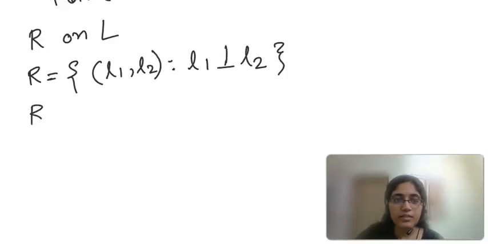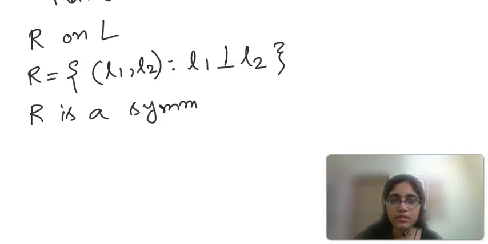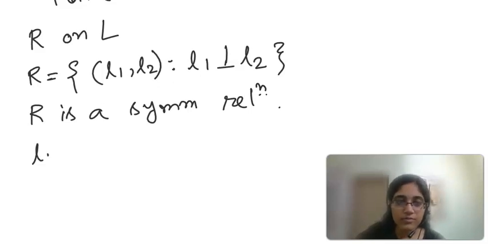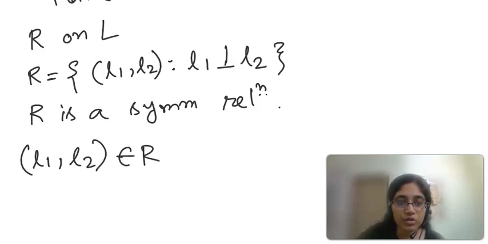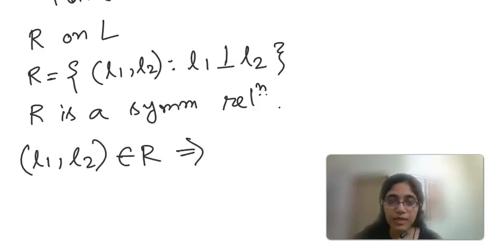Then R is a symmetric relation, because suppose (L1, L2) belongs to R. So this implies L1 is perpendicular to L2.